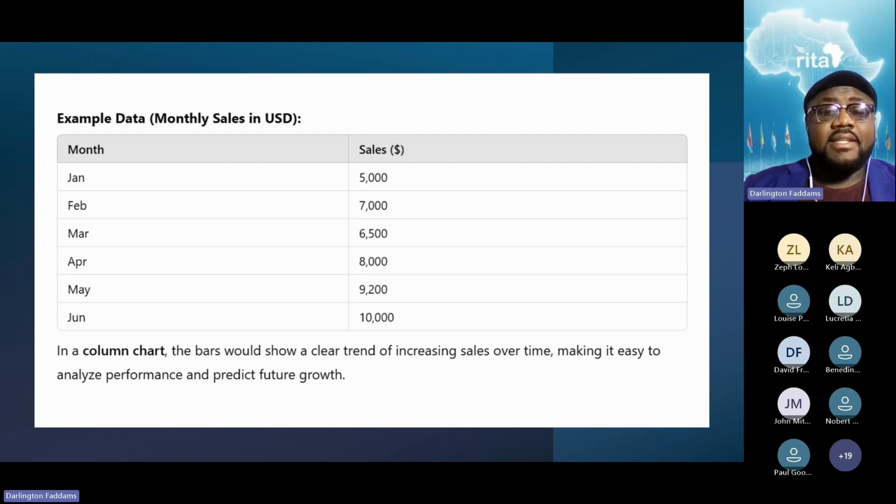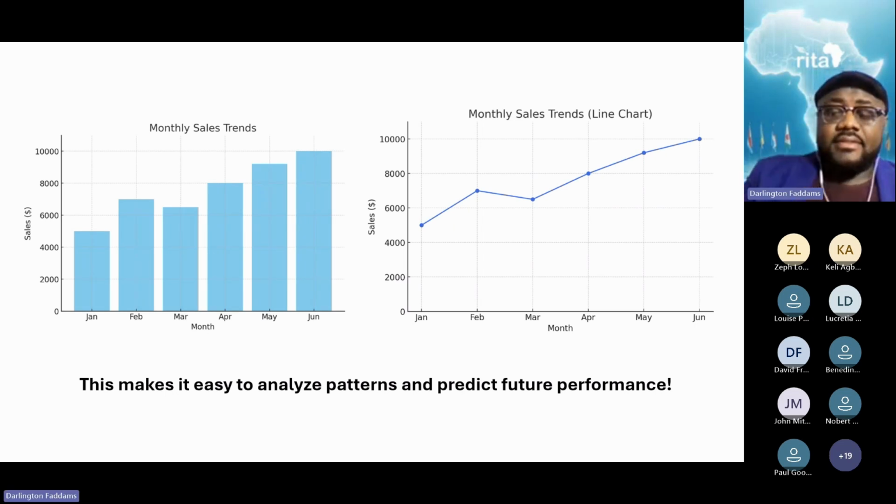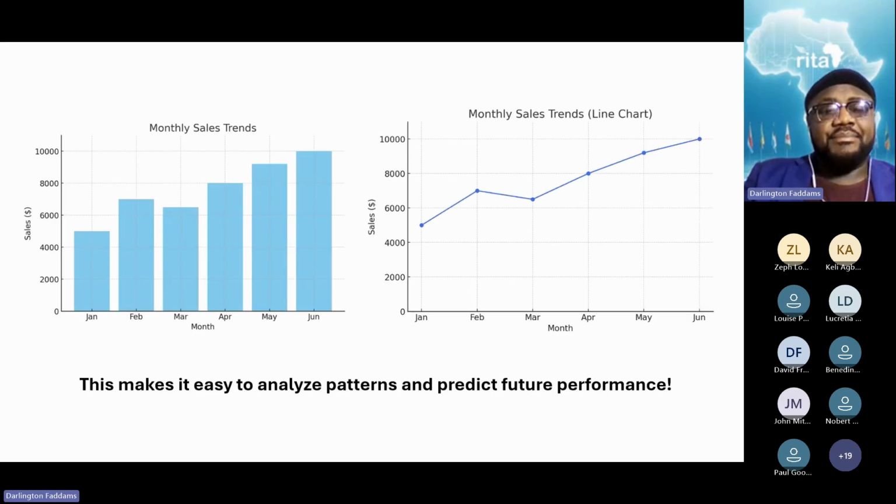In a column chart, the bars would show a clear trend of increasing sales over time, making it easy to analyze performance and predict future growth. Let's see if a column chart can do this. Is that what is written here? A column chart, all right. Let's see if the column chart can be used.